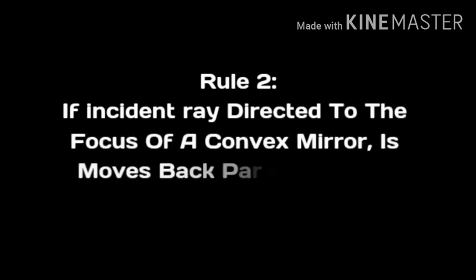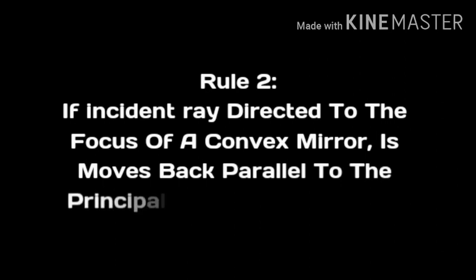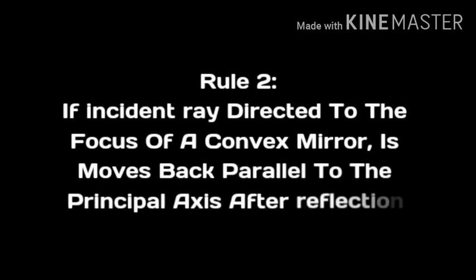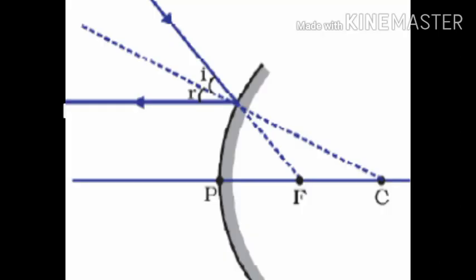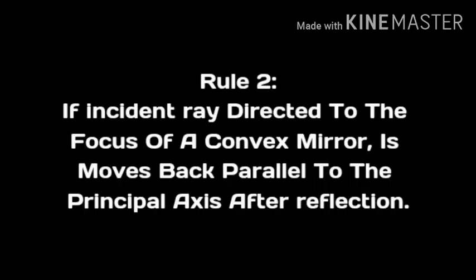For a convex mirror, if the incident light ray is directed towards the focus, then after reflection the light ray moves parallel to the principal axis. Why is it considered as directed towards the focus?